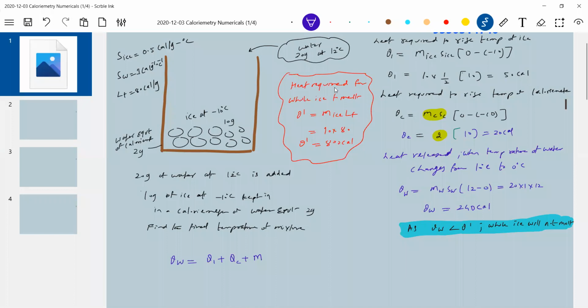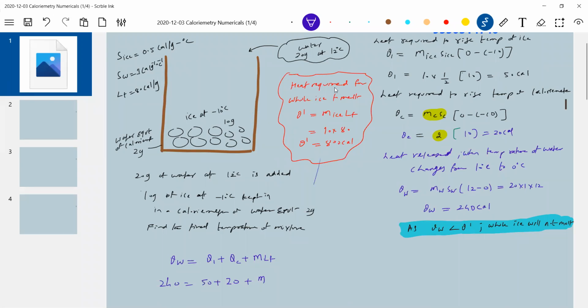Let this be LF. So QW, we know it. How much? 240. Q1, 50. This is how much? 20. Plus, we don't know the amount of ice that will melt.